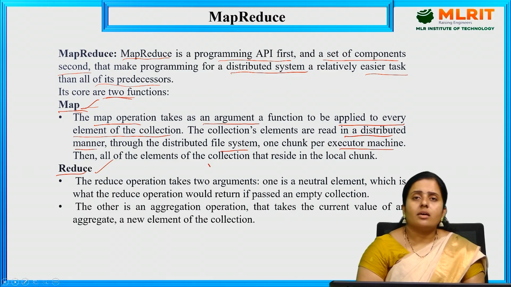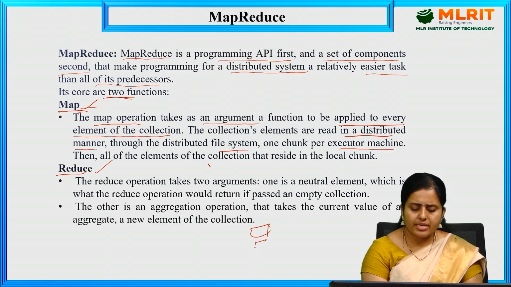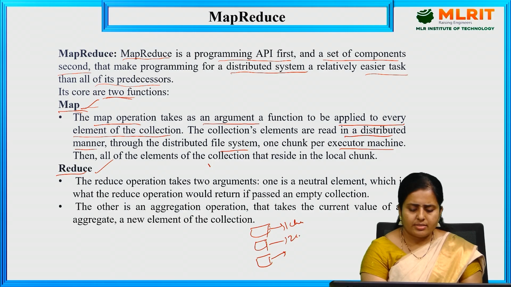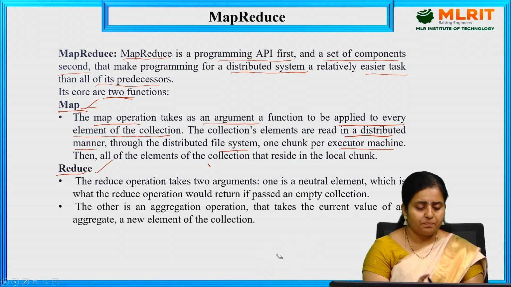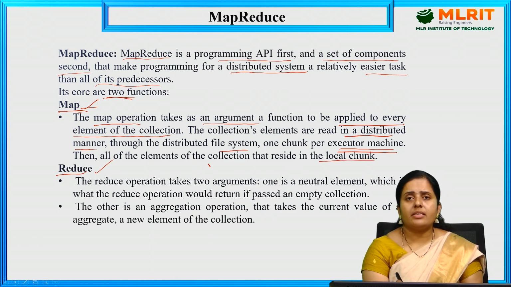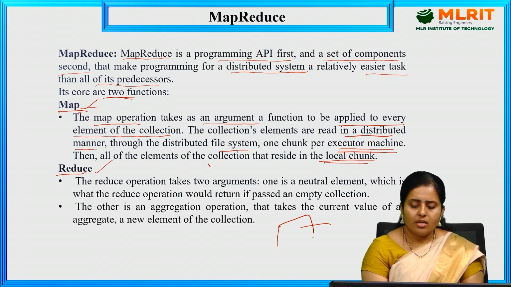There are multiple executors involved in stream processing which execute each chunk of data: the first chunk, the second chunk, the third chunk. Each chunk is executed on an executor machine. Then all of the elements of the collection reside in the local chunk. So after executing each individual chunk, every result is stored in a local chunk, as aggregation storage.